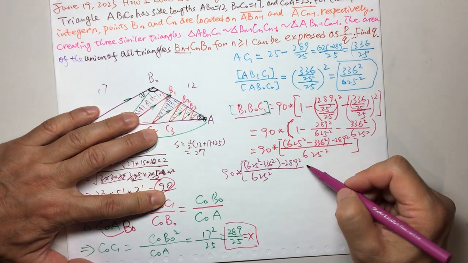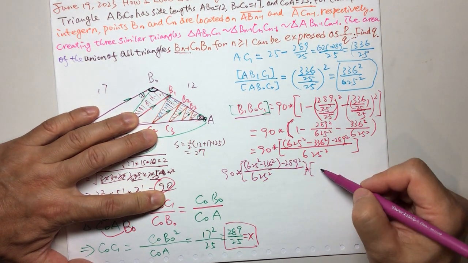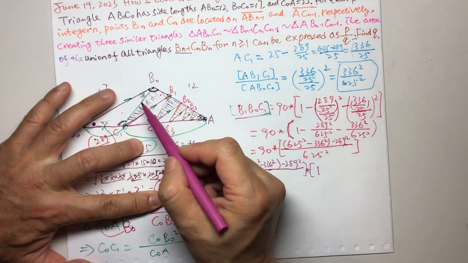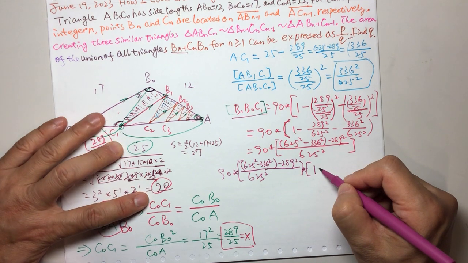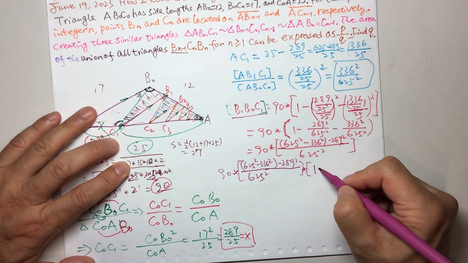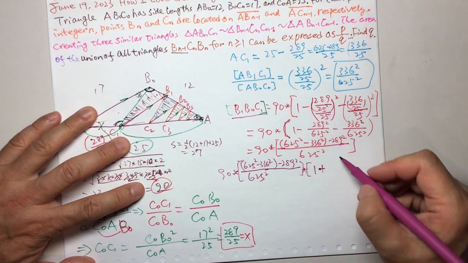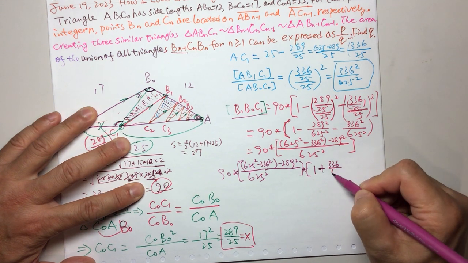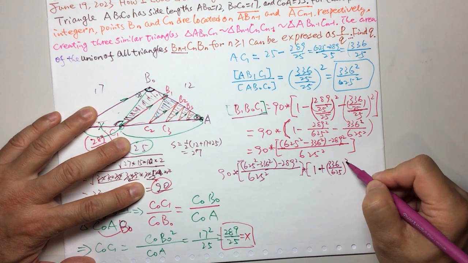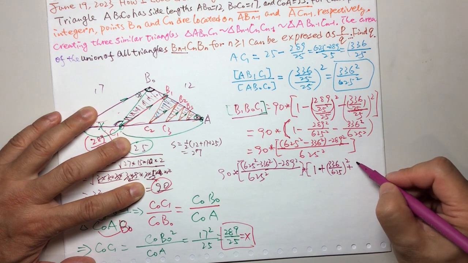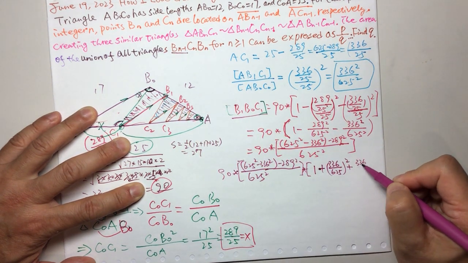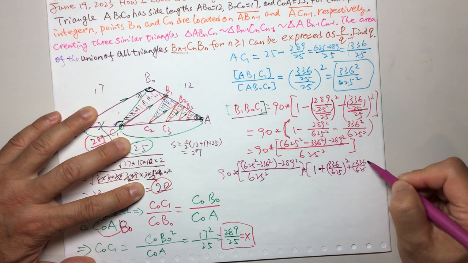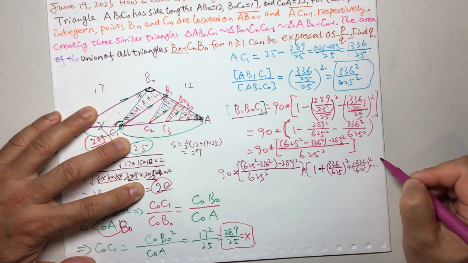And this one times, the first one is 1 times this, is the area of this one. And the second one, so the second one will get the common ratio. And the next one, I mean this one, it will be then, and go on and on.